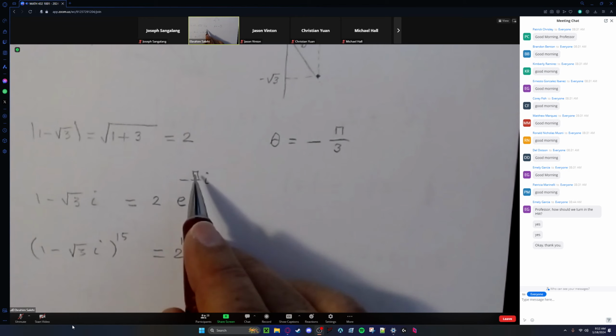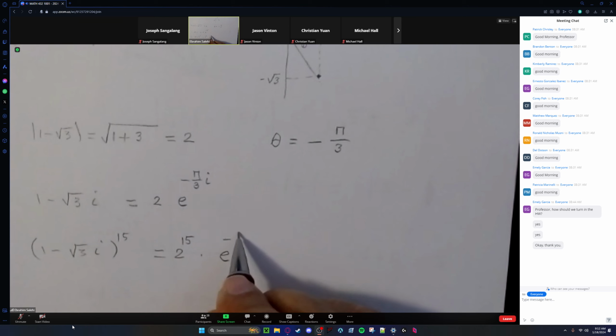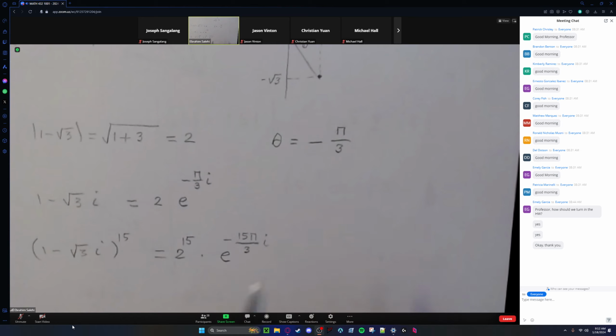So 15 pi over 3i, which is, by the way, 2 to the 15 e to the negative 5 pi i.